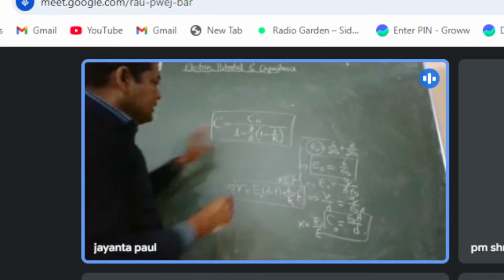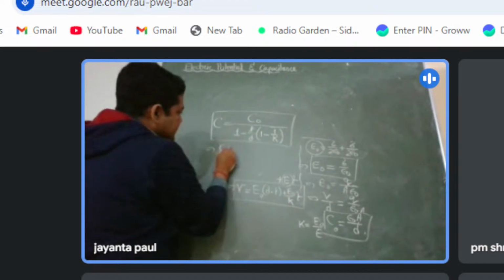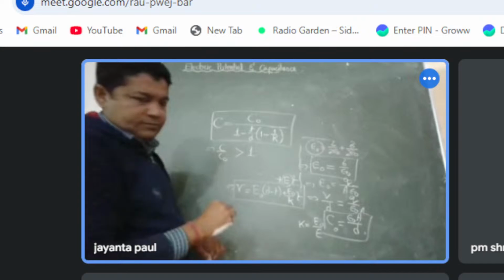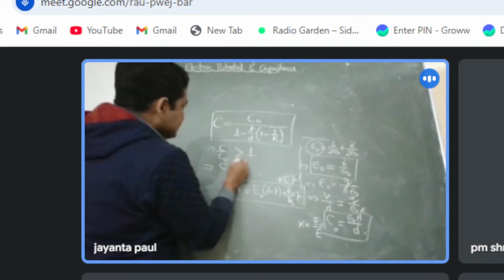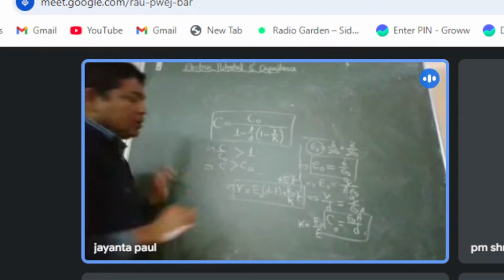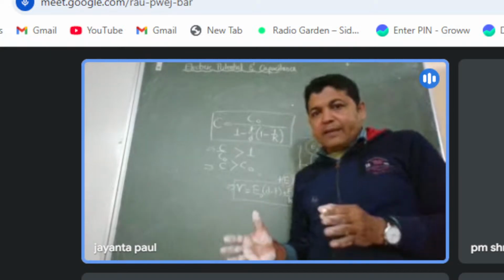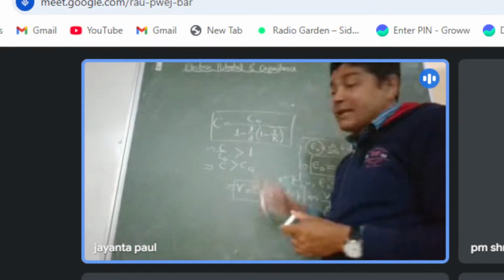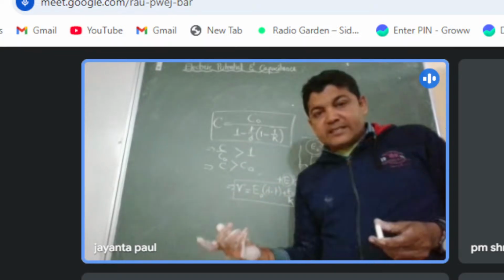So as a result, if I calculate that, C by C0 comes always greater than 1. इसीलिए the capacitance C is always greater than C0. So that means when we put a dielectric slab in between the two plates of a capacitor, the capacitance increases.